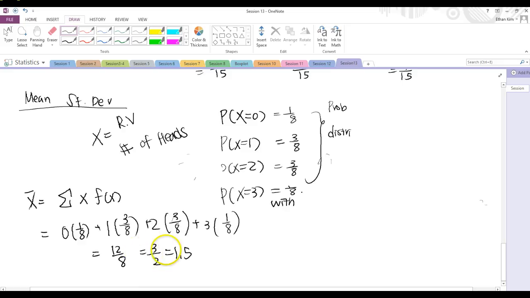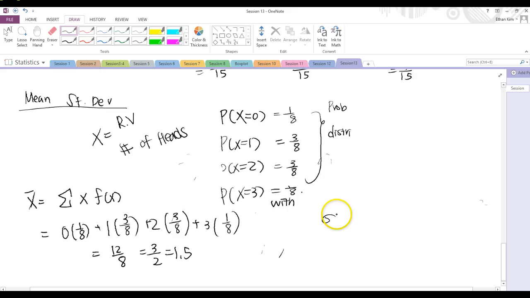So whenever we're looking for the mean, we are multiplying the x value with the probability. I'm not sure if you remember the formula for variance and standard deviation, but if we were to multiply it out, and look at the formula by itself, it looks like this.